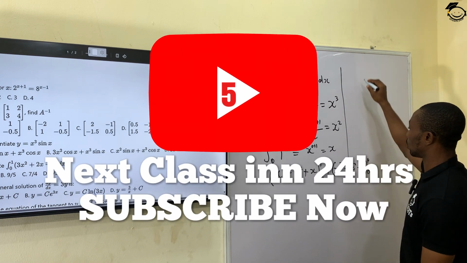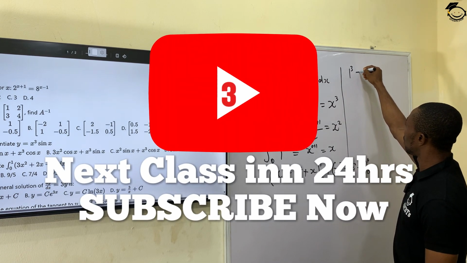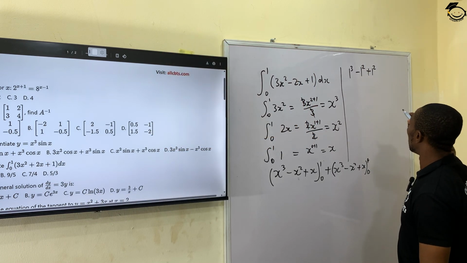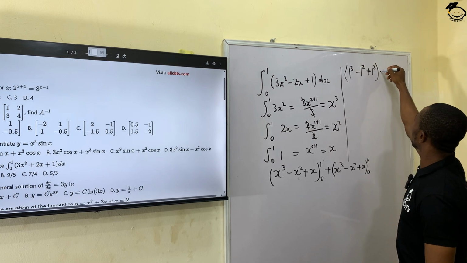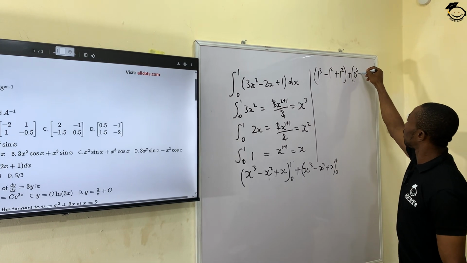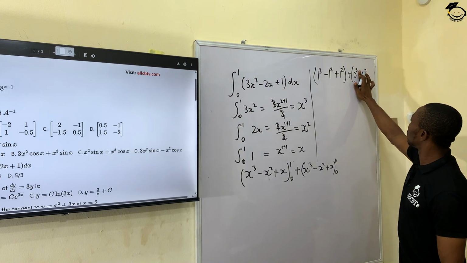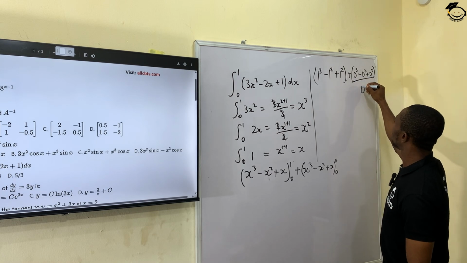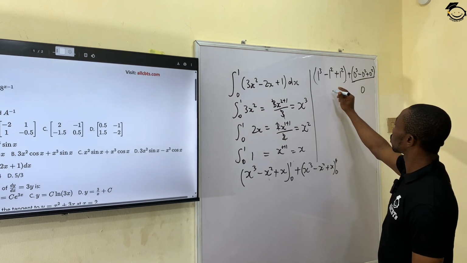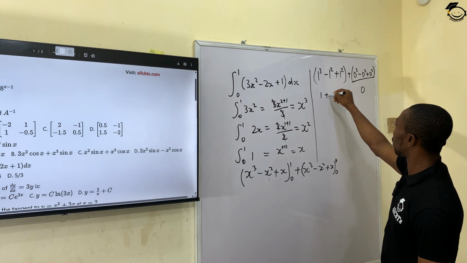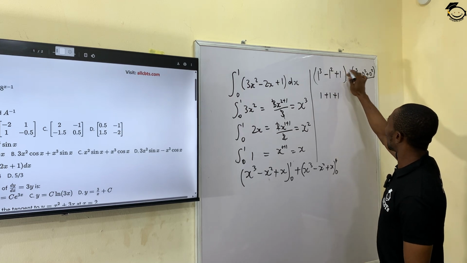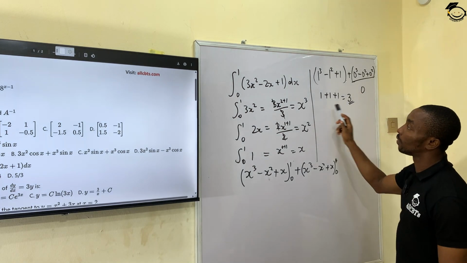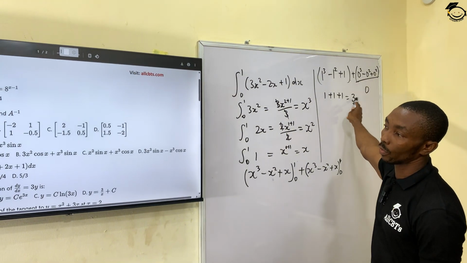So we have 1 raised to the power 3 minus 1 squared plus 1, plus 0 raised to the power 3 minus 0 squared plus 0. So everything at 0 will become 0. Now, minus 1 squared gives us a plus. This gives us 1 plus 1 plus 1. So this will give us 3. So our integral of this is 3.